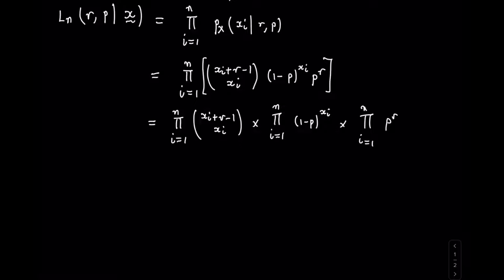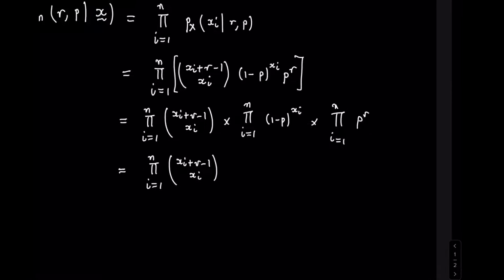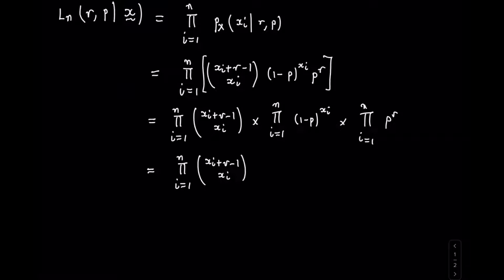Now, there's not much simplification we can do right now in terms of the first term, so I'm just going to copy that down and leave it as is. For the second term, I'm going to expand it so that we have a clearer picture. We could expand this out to 1 minus p to the x1 times 1 minus p to the x2 times dot dot dot times 1 minus p to the xn, which isn't too bad for this particular expansion.